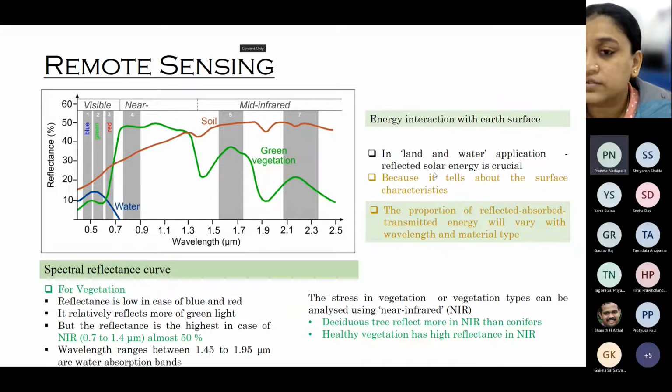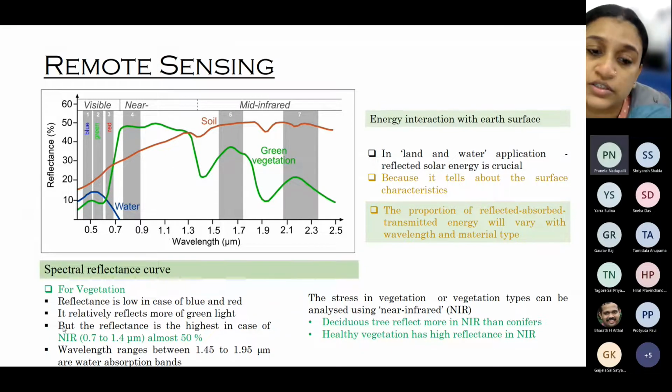The spectral reflectance curve, and understanding how reflectance happens among different types of surfaces, is important because it tells about surface characteristics: the proportion of energy reflected, absorbed, or transmitted, which are the three states in which the energy may behave. It varies with the wavelength and material type.